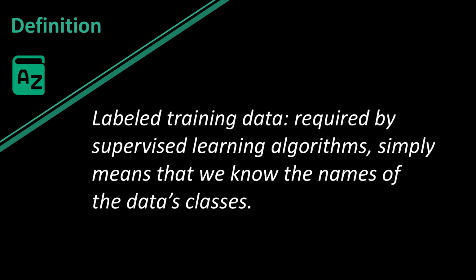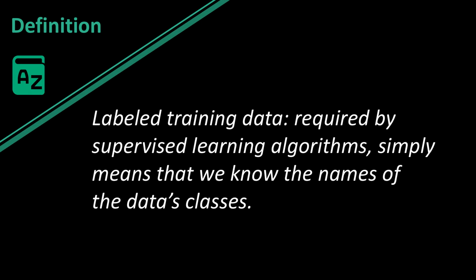Now, thankfully, this is one of the easier elements to understand out of everything we've discussed so far, but I wanted to bring it up because labeled training data is one of the key prerequisites to the supervised learning set of algorithms. The main difference that you're going to see between a supervised algorithm versus an unsupervised algorithm is that supervised systems use labeled training data.